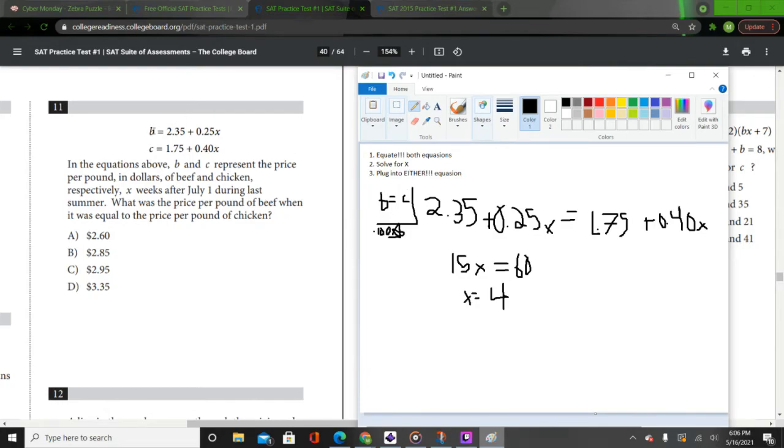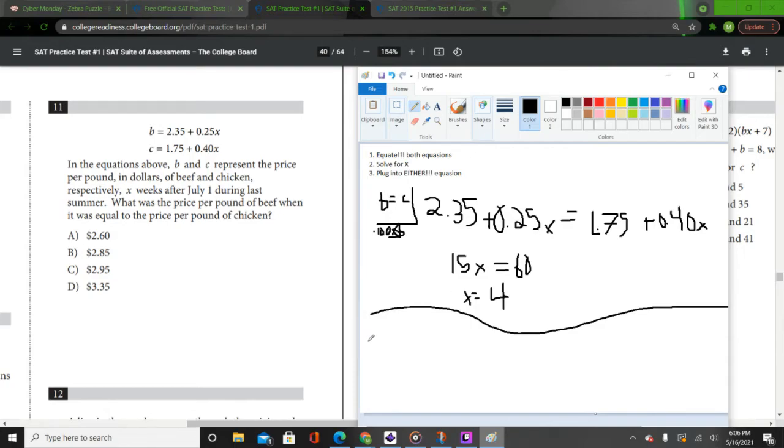And I'm going to plug it into the top equation because I like dealing with 0.25 better. Now we're going back to decimals because technically it's not mathematically correct otherwise. When we did it before, we multiplied both sides by 100, which we're allowed to do mathematically. But for the price of beef and chicken, we'd have to multiply by 100, then divide by 100, so we're not going to do that.